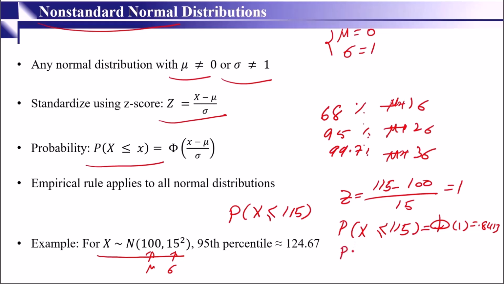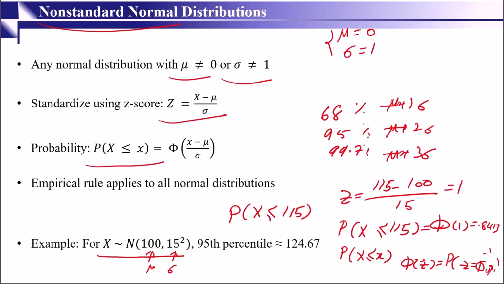Then we find x for a given probability p. If you want to find x such that the probability of X less than or equal to x is p, we find z such that phi of z is equal to p, so z is equal to phi inverse of p. We need to find p in the table, then find the corresponding row number and column number.